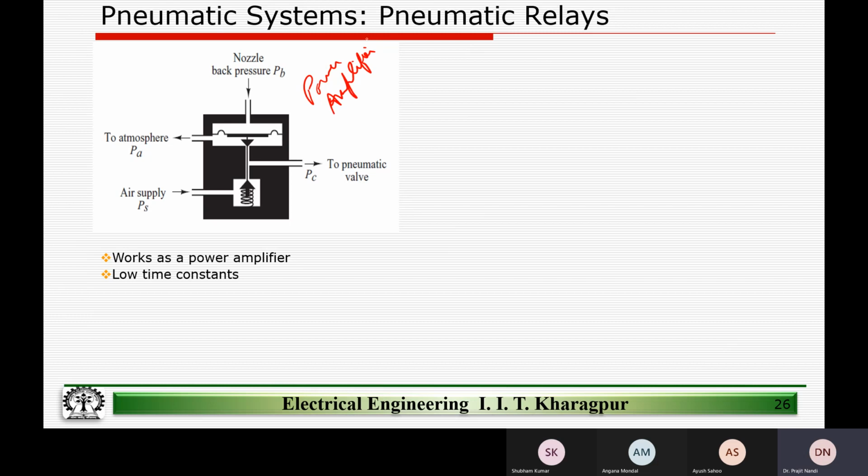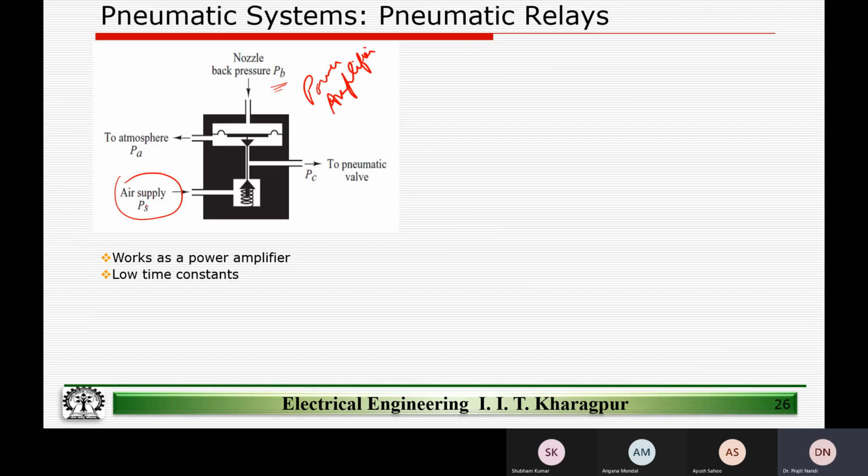Here, let's say this is the input pressure, the back pressure that we talked about in the nozzle. That back pressure can be amplified. There is another power supply, a large power supply equivalent.